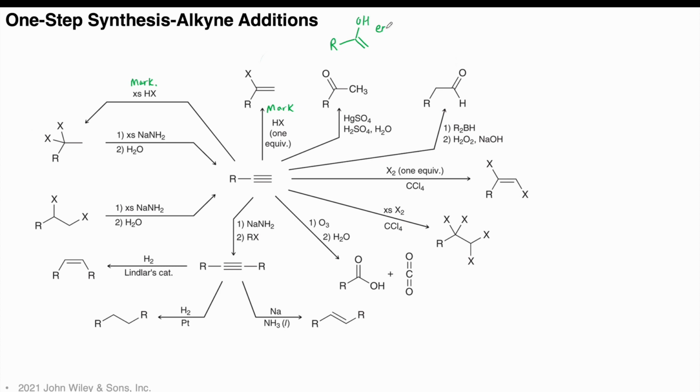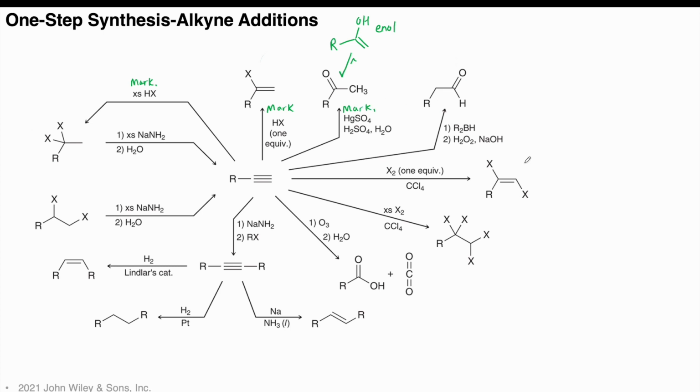But as a reminder, these enols rapidly tautomerize to the keto form. So the final product upon addition of 1 equivalent of water is this ketone, when conditions are used that result in Markovnikov addition.